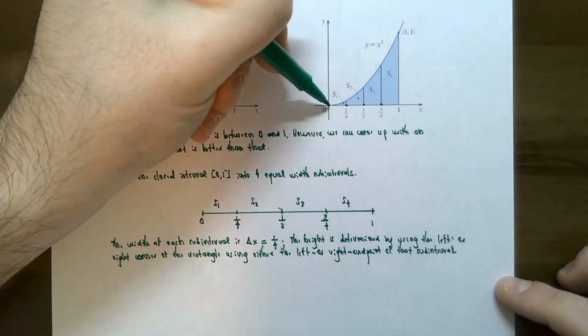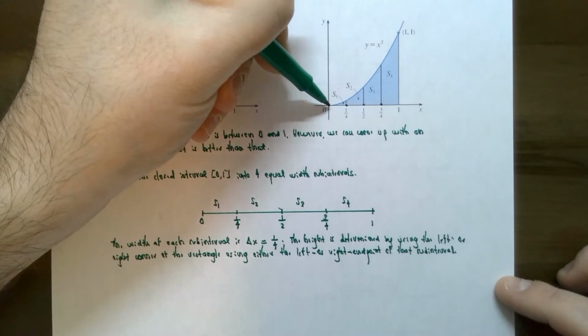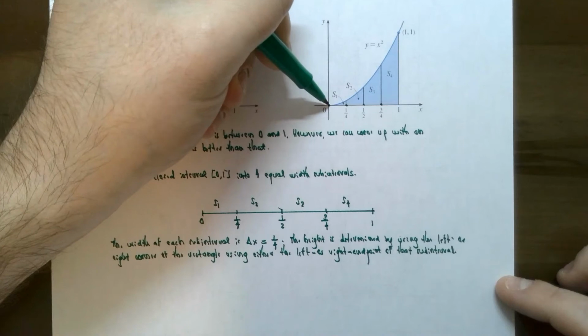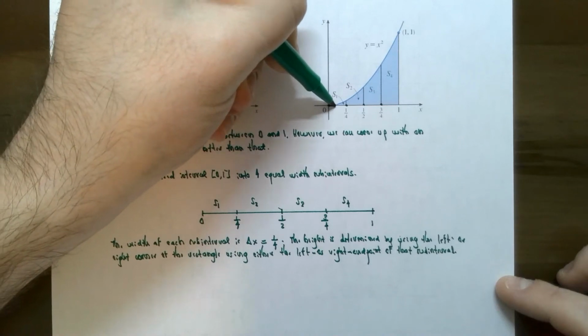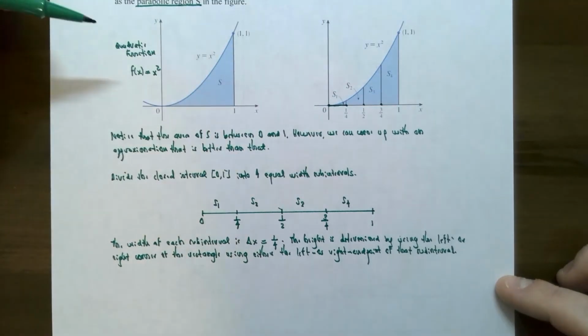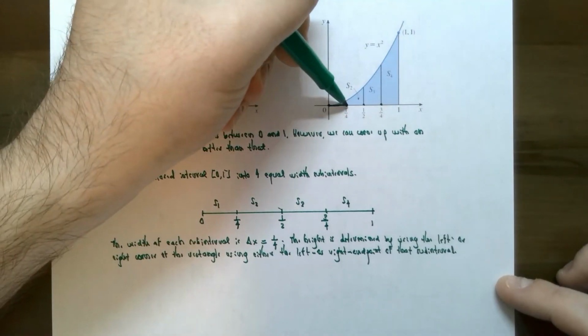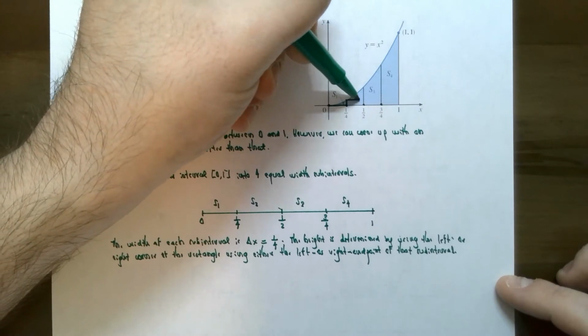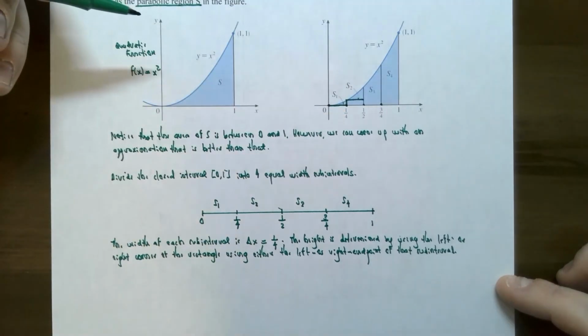The first rectangle would have a height that intersects with the graph. So the height would be 0 because it's right on the origin. Then your first rectangle would just be flat. The height would be 0. The next interval would use the left endpoint where it intersects the graph, and that would be the height of the second rectangle.